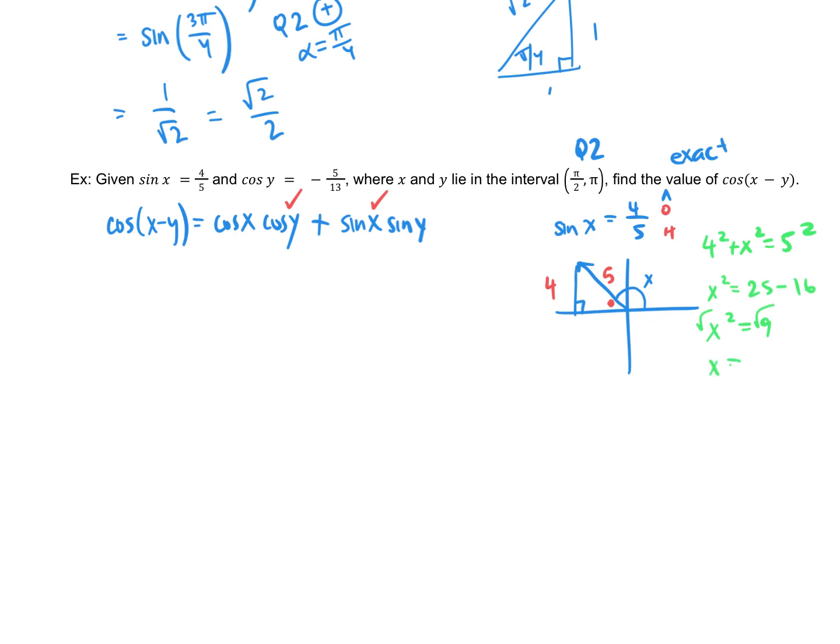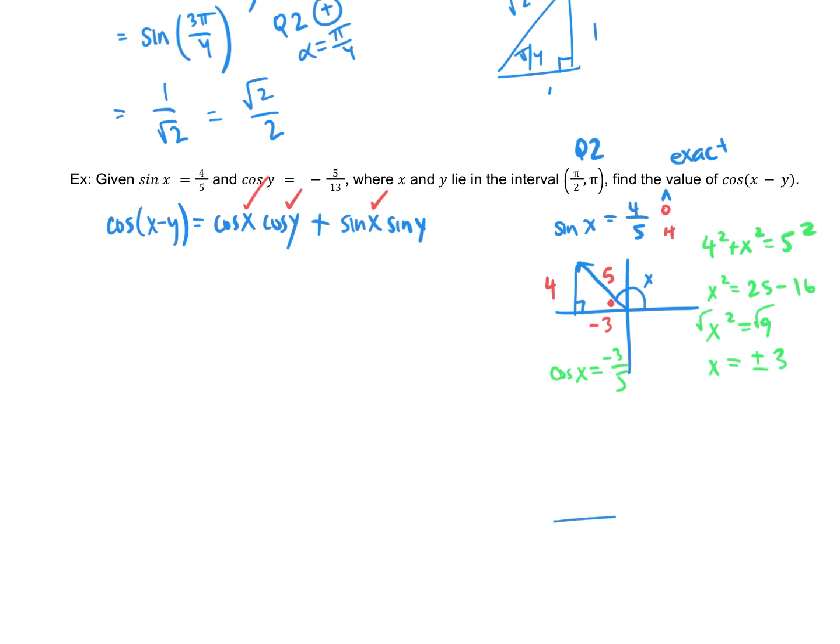And when we square root both sides, x can equal positive or negative 3. Because we're on the negative x-axis, I'm going to label negative 3 as my adjacent. So now I know that cos x is equal to negative 3 over 5.